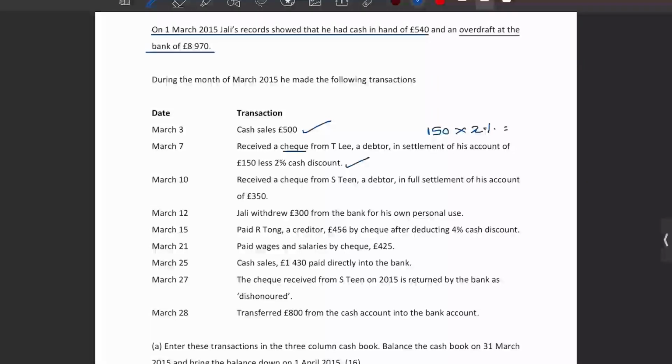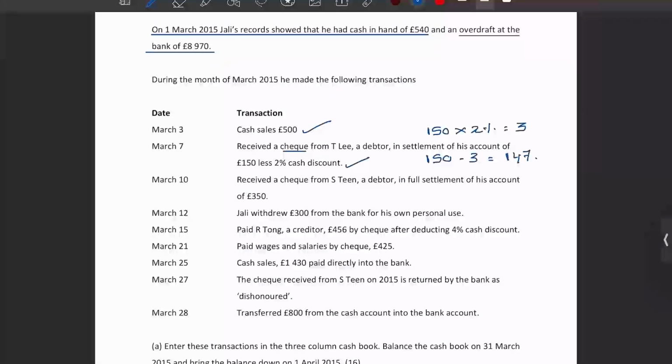If the discount is 3, how much money will you get? Someone should pay you 150, but you give a discount of 2%, which is $3. So if you give a discount of $3, how much will they pay you? 147. So the amount that this fellow is going to pay you will be 150 minus the 3. That is equal to 147.